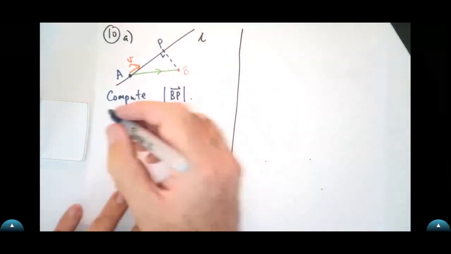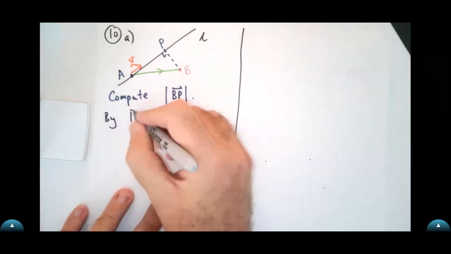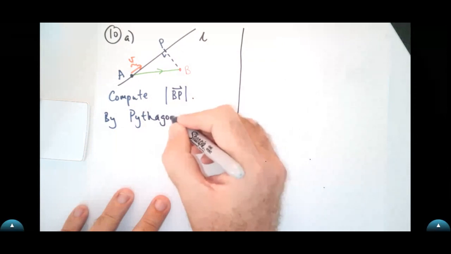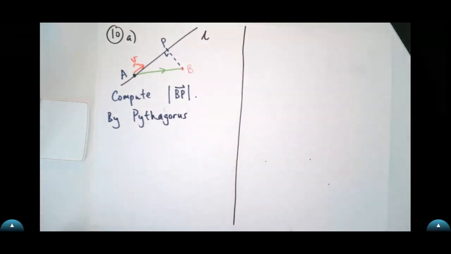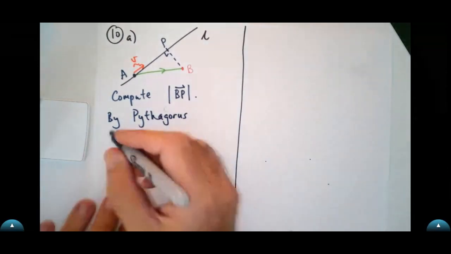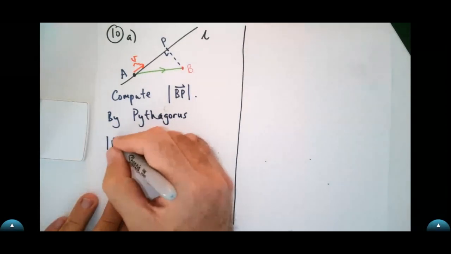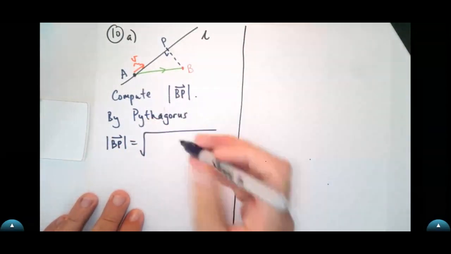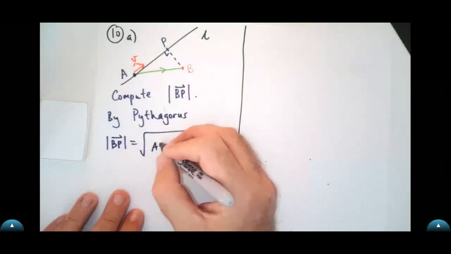So how do we do it? Well, by Pythagoras, we know that this distance is just the following.